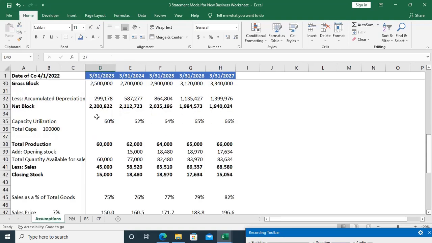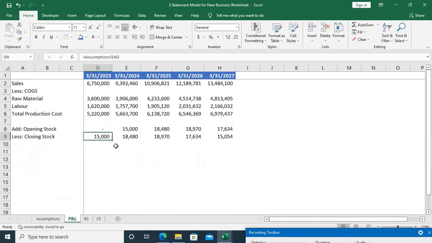The actual amount of production was 60,000, right? So if you just do it like this, divided by 60,000 multiplied by, if you do this, which is actually the total production cost, you can get the actual closing stock.